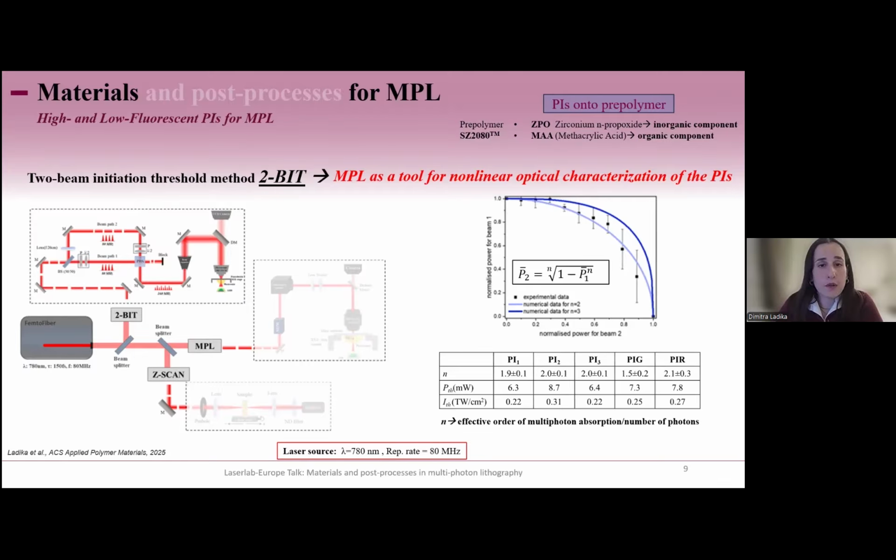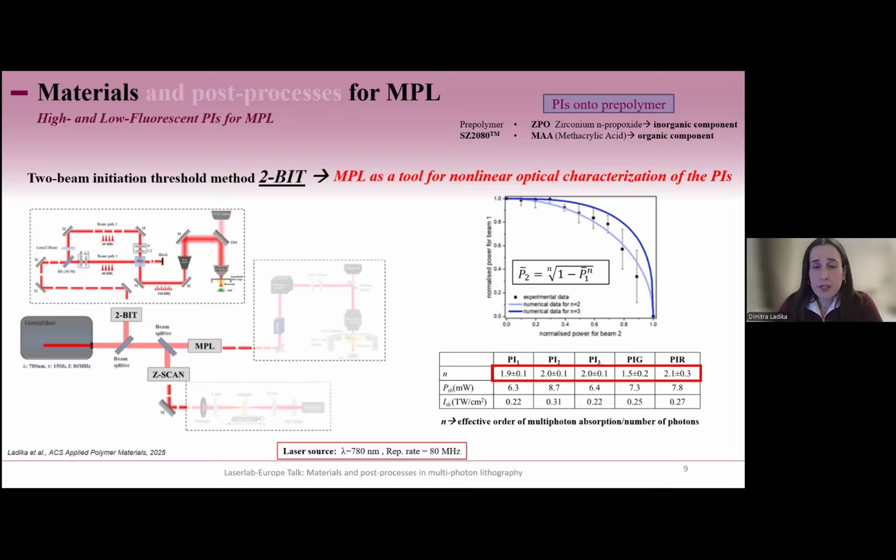Here you can see the results from all the PIs. You can see that all of them have almost two photons, except the PIG, which has 1.5 photons excited in order to create radicals, which is of course not physically correct. We cannot have 1.5 photons. What we assumed is that two processes are taking place, 1 photon and 2 photons.